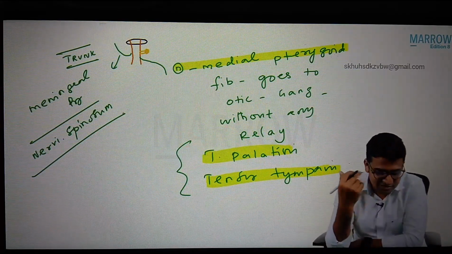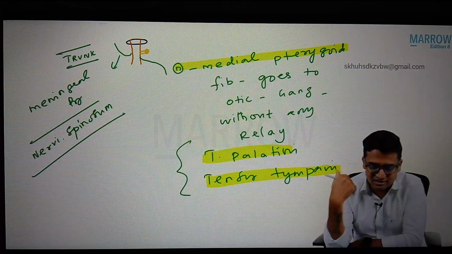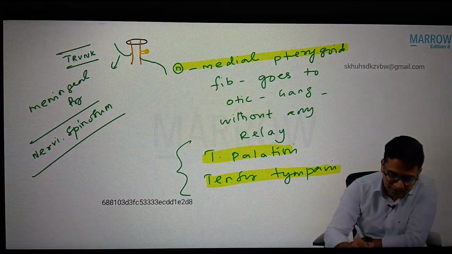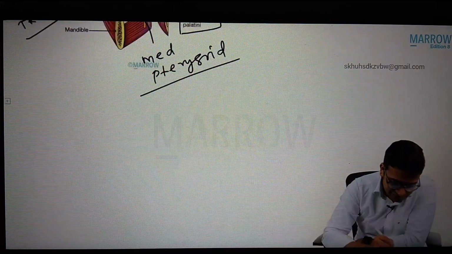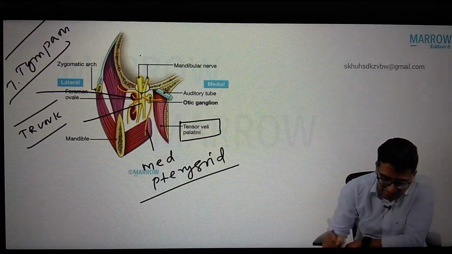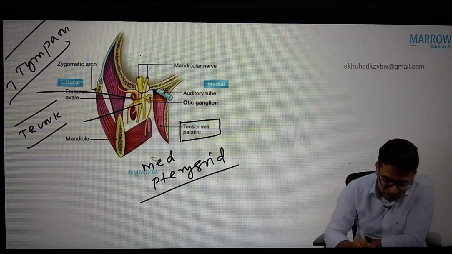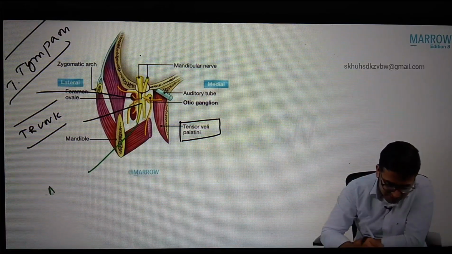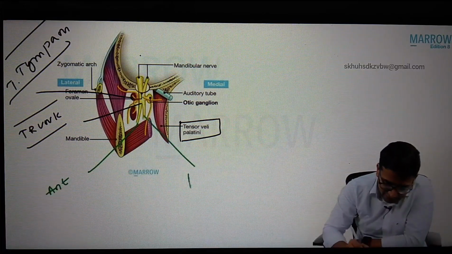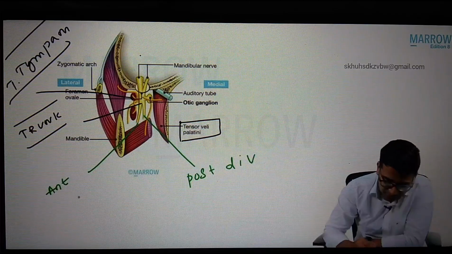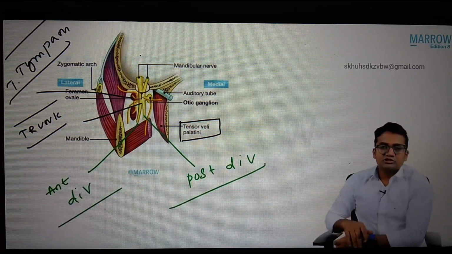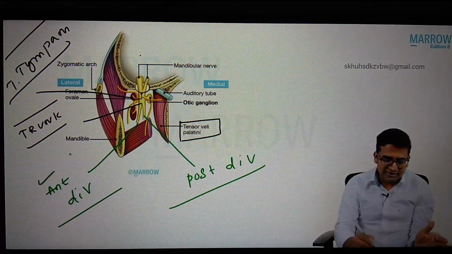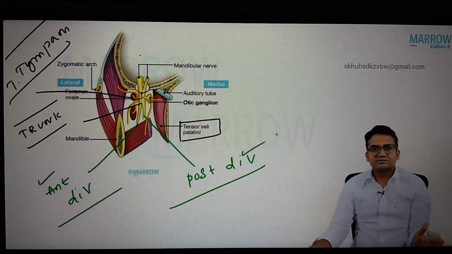These two are the branches from the trunk of the mandibular nerve. Then the trunk of the mandibular nerve divides into two branches: the anterior division and the posterior division.